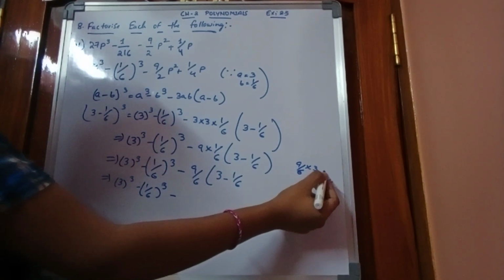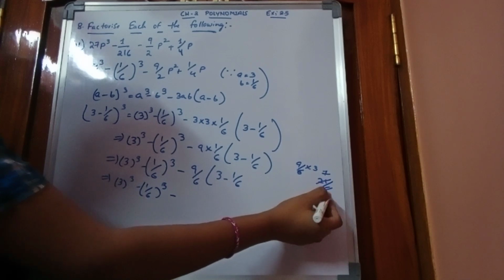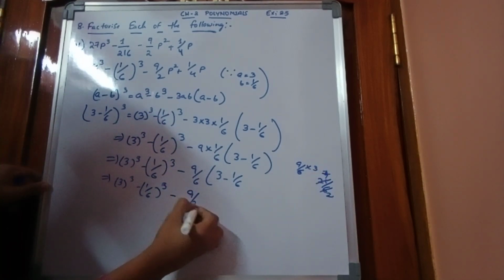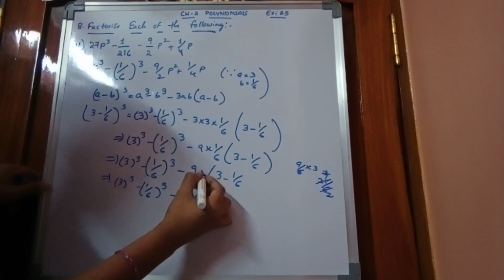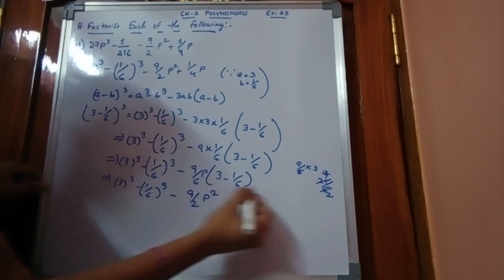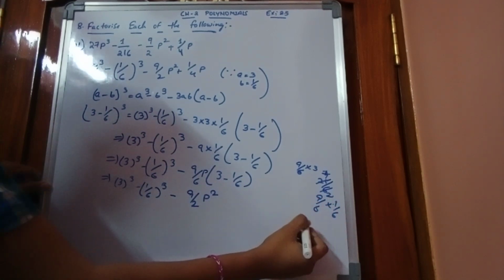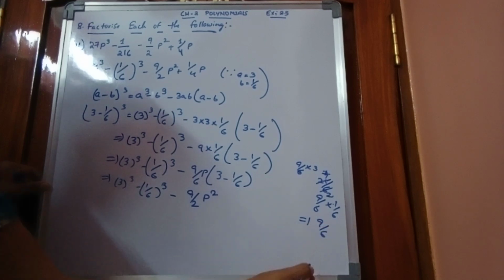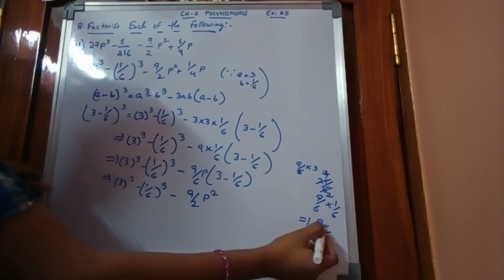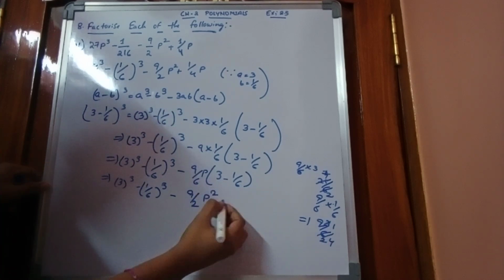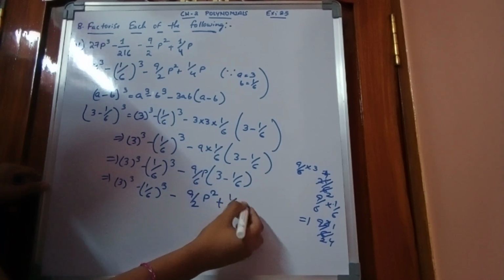So 3 9s are and 3 2s are, so we'll get here as 9 by 2 p square. And 9 by 6 into 1 by 6, so 9 by 6 we will get, 3 2s are and 3 3s are 1 and 1 4s are, so we'll get minus minus plus, so plus 1 by 4 p.